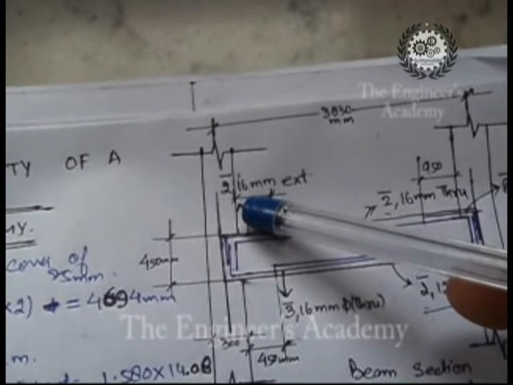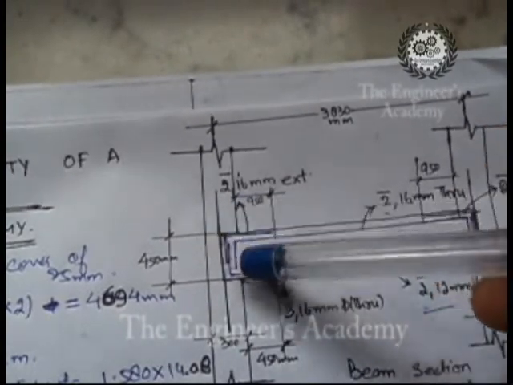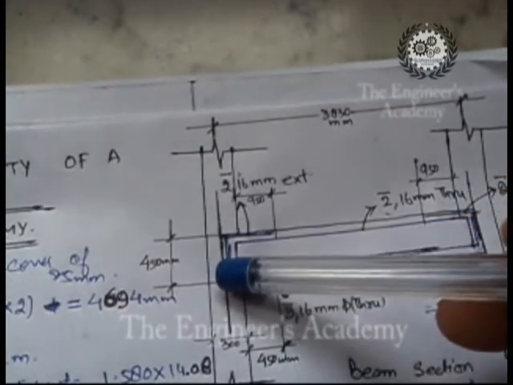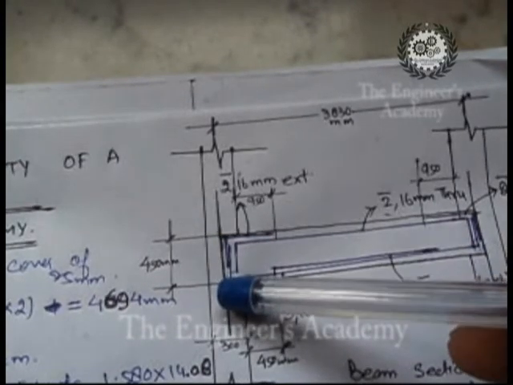We'll have 950 plus half of the width of the wall, that is 300 by 2, equal to 150 millimeters. Then we have the bend length, that will again be equal to 400 millimeters only.